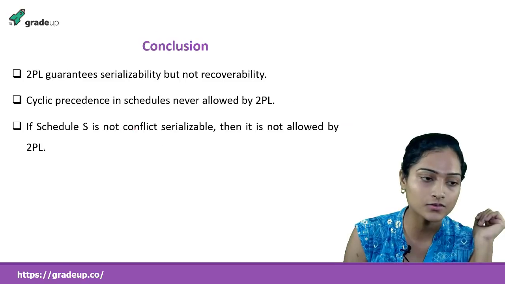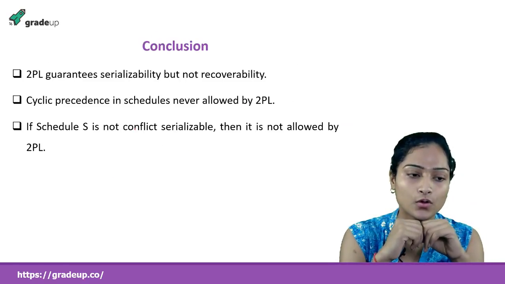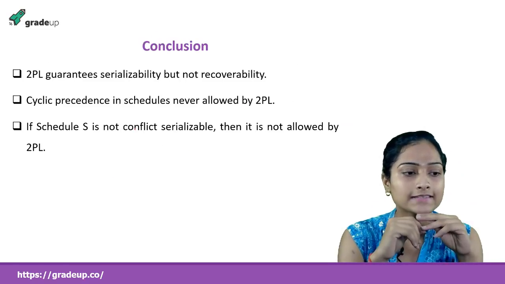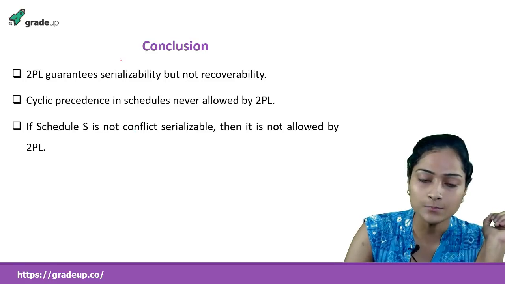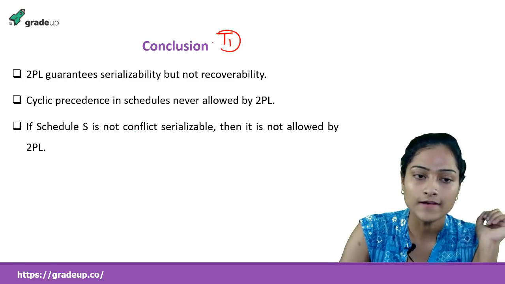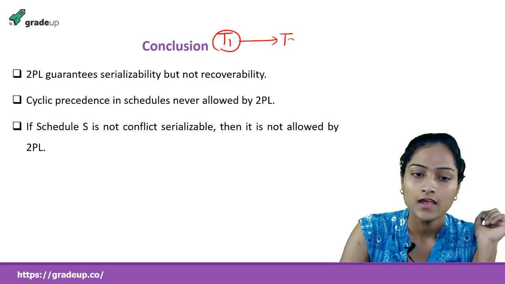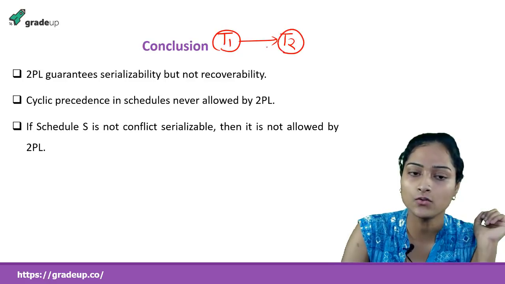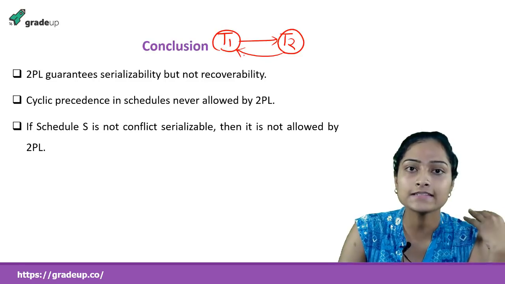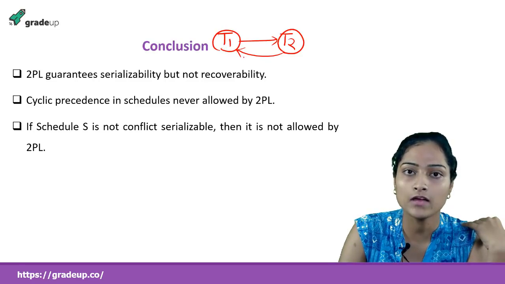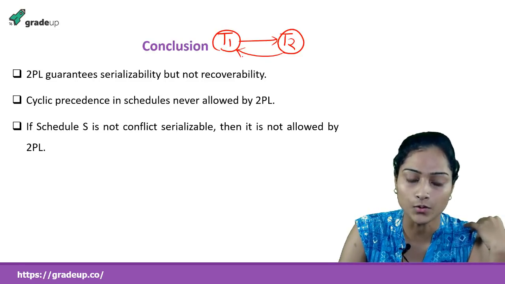The next conclusion is that cyclic precedence in a schedule is never allowed by 2PL. That is, if we have a schedule where T1 has some conflicts with T2 and T2 also has some conflicts with T1, these types of schedules are never allowed by the two-phase locking protocol.